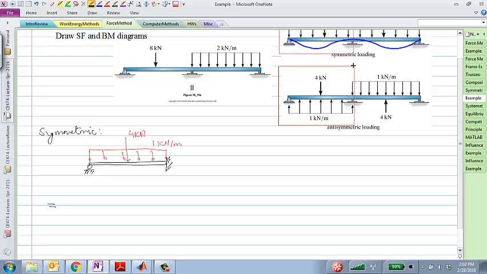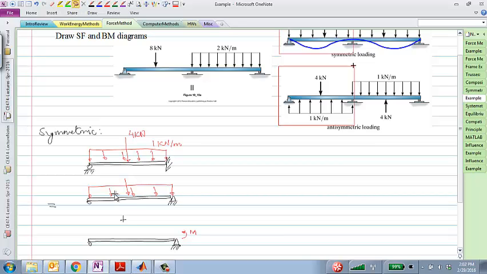So this would be equal to a simply supported beam with the same loading plus the same simply supported beam with a redundant moment at this point.